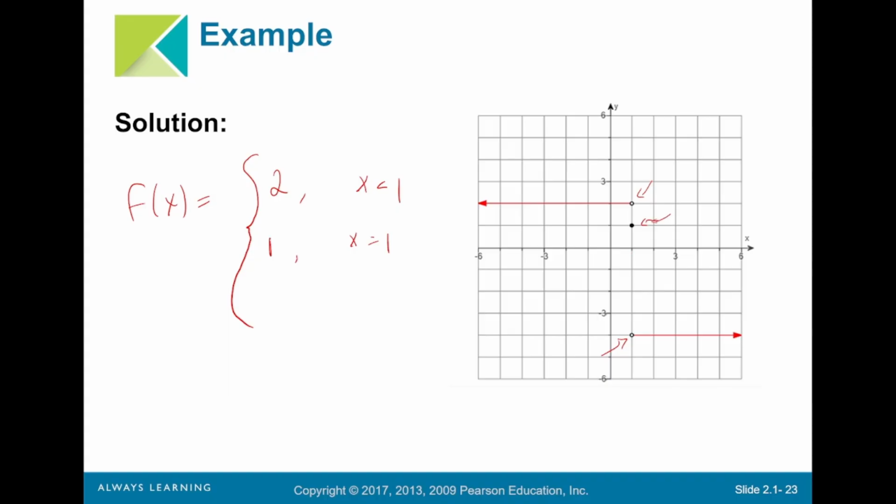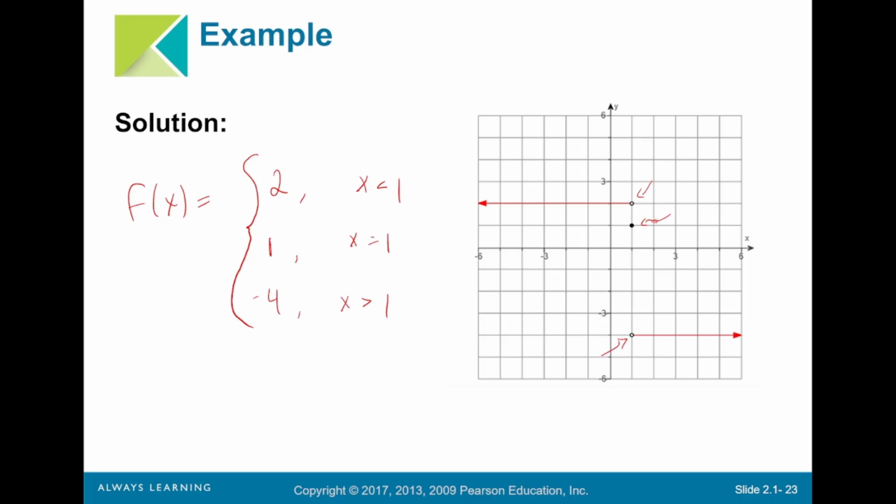That's this point right here. And then for everywhere where x is greater than 1, I have the constant function -4. And there you have it. We have just written down the equation, this piecewise function represented by the graph.